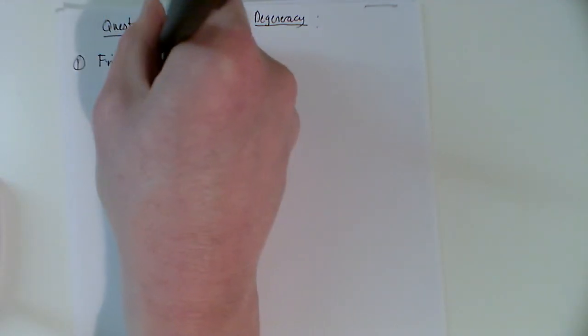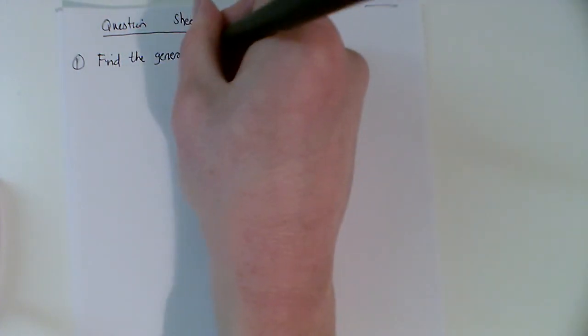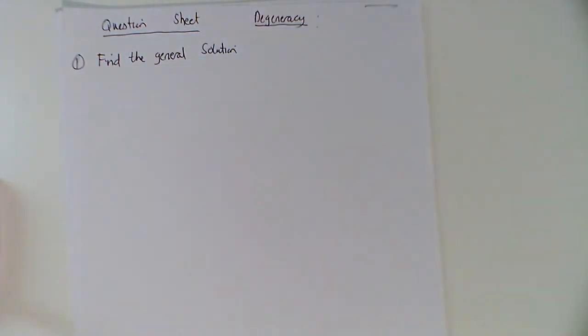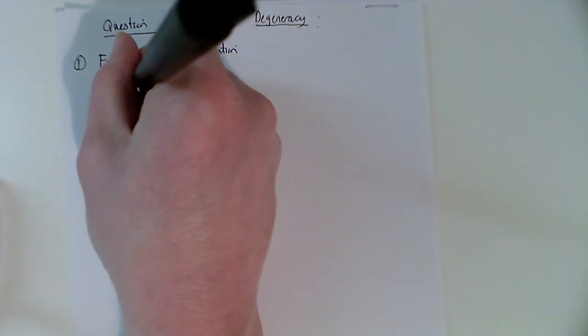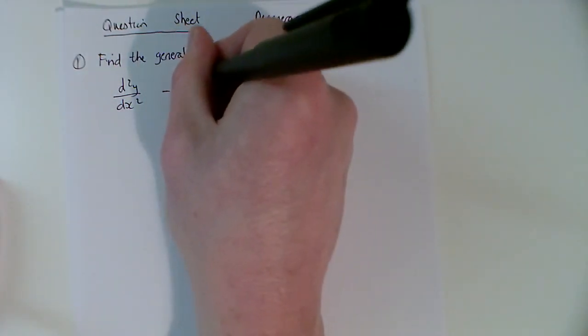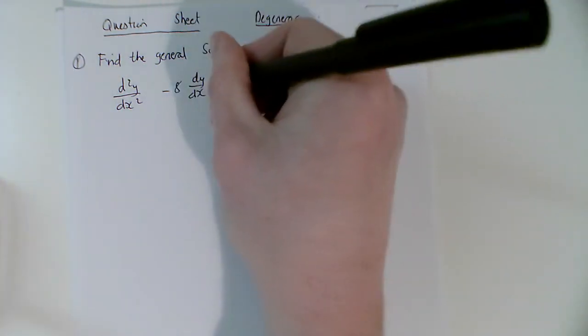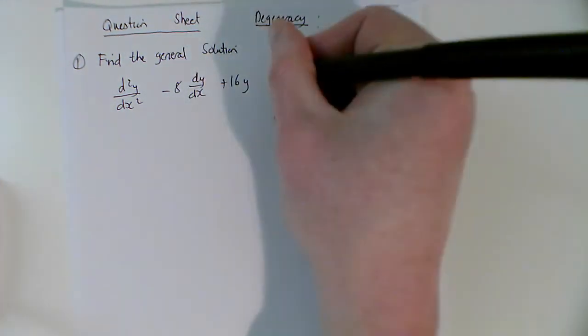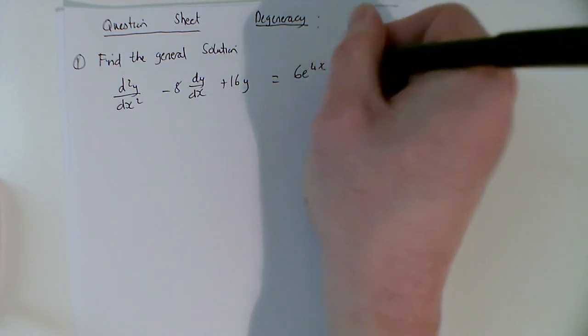And what I would like you to try is find the general solution, not the particular solution. I'm not going to ask you to find the particular solution of something that's degenerate, like the last example. There's a lot of different steps in that, but I showed you an example anyway. So I want to find the general solution to d squared y by dx squared, take away 8 dy by dx plus 16y equals 6e to the power of 4x.